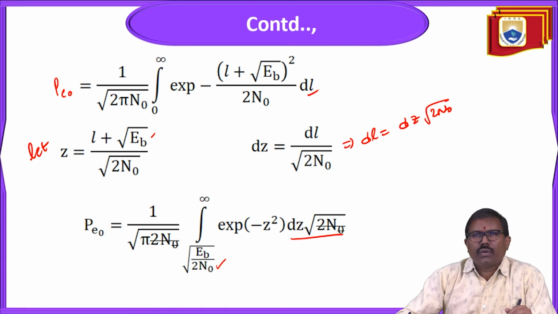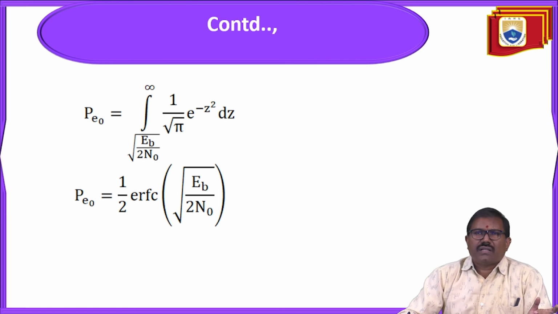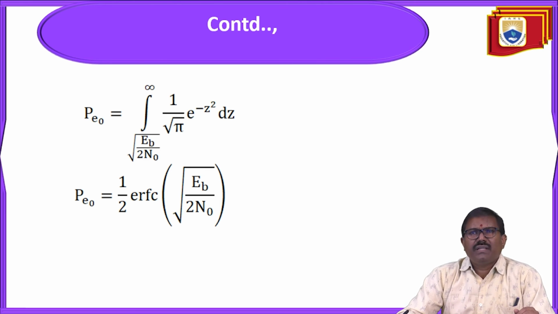Here we are going to use the error complementary function. The probability of error for symbol 0 is the integral from square root of Eb by 2 N0 to infinity of 1 by root pi exponential minus z square dz.